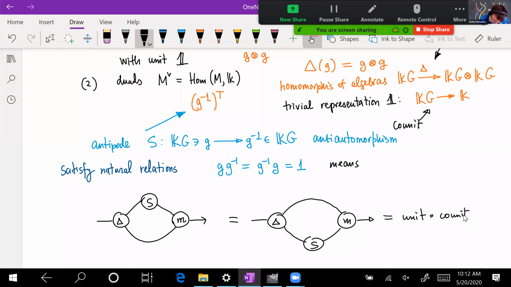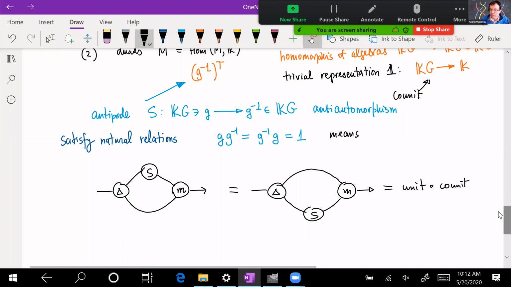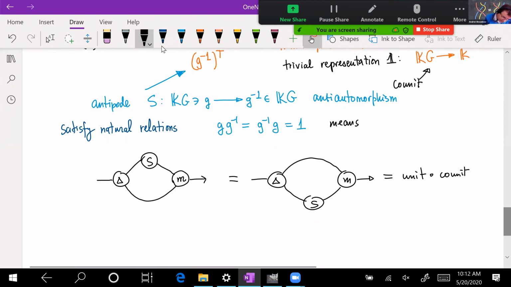Okay, so that's the relation, and you can either try as an exercise to write down a complete set of relations, or look at it in many books on quantum groups, but the one I particularly like is the one by Okounkov. This is the way it explains this part. So these are the axioms for a Hopf algebra.